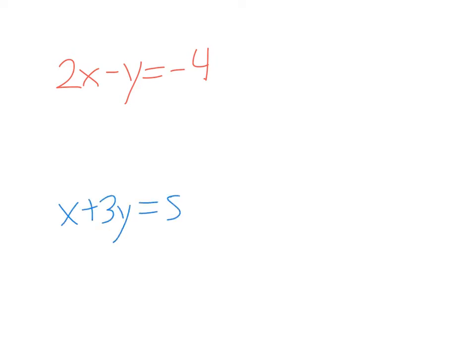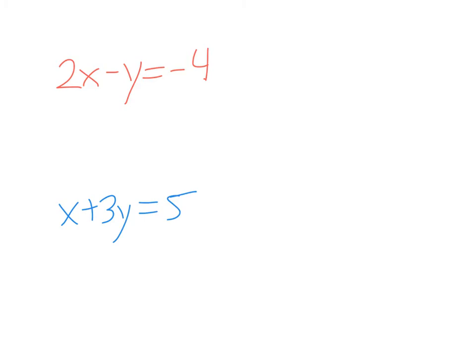All right, let's try one more here. Try this one. 2x minus y equals -4, and x plus 3y equals 5.